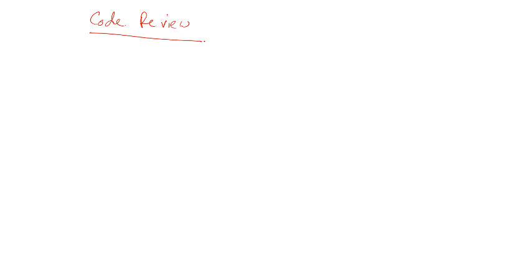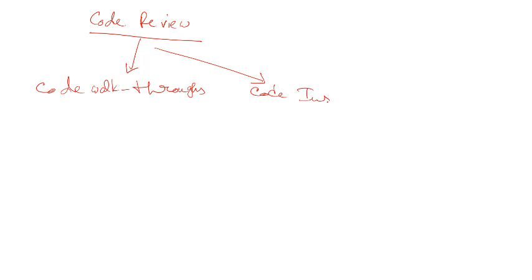There are two types of review strategy. First one is code walkthrough, and the second is code inspection.